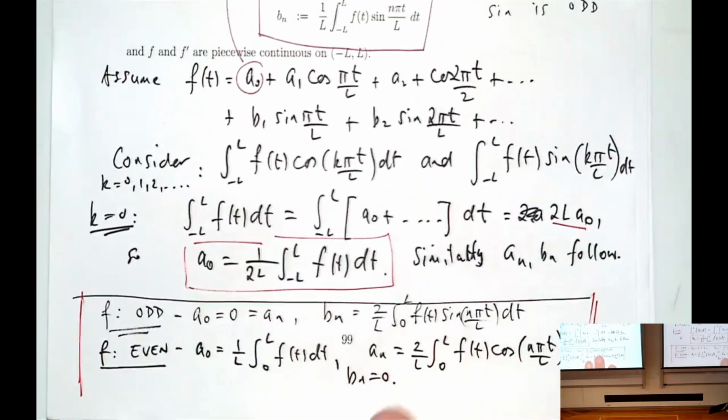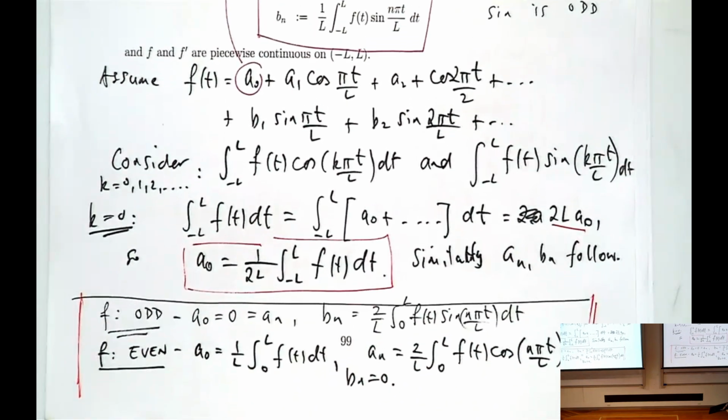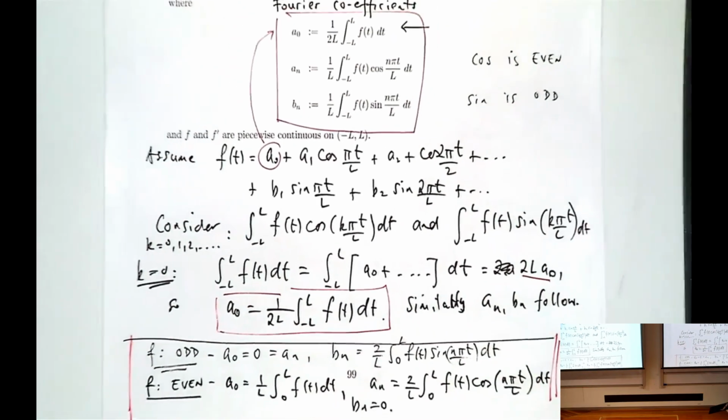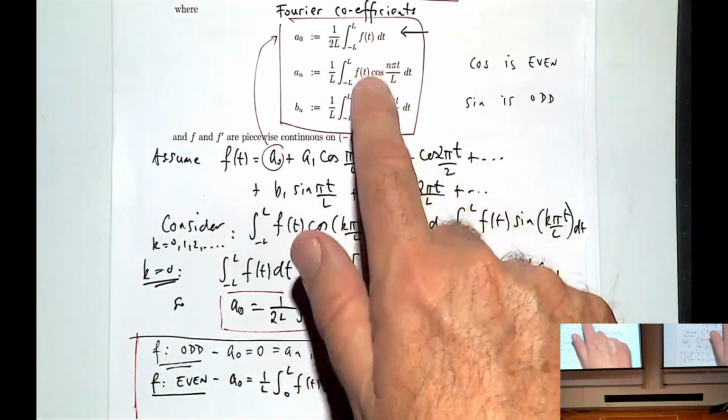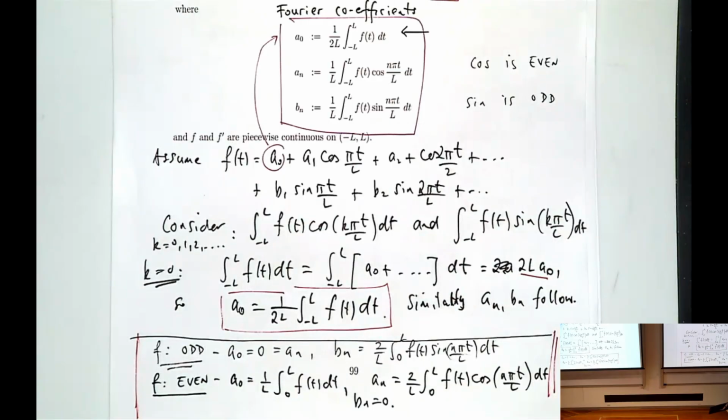Now, sometimes those integrals, let me just zoom out. These integrals here, here, and here simplify massively when the original function is odd or even. So I made some notes down the bottom on how you can work smarter, not harder.